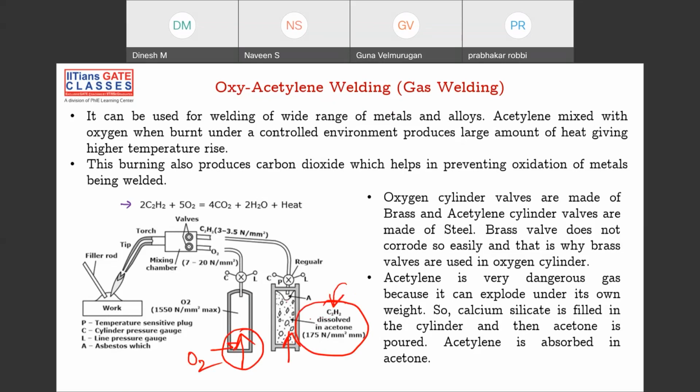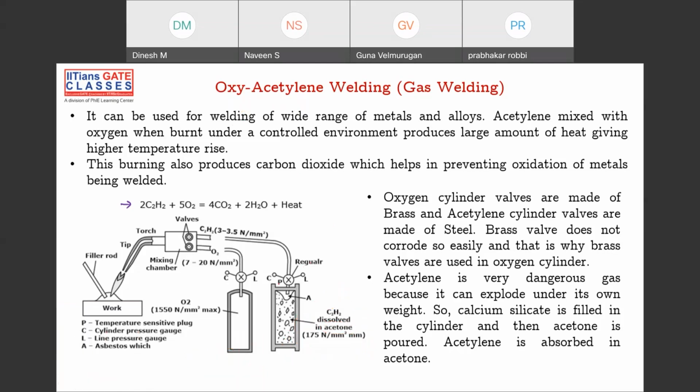You can't directly save acetylene in a cylinder. First you are putting acetone, and in that acetone acetylene is mixed. That's the reason why it's called oxy-acetylene, because you are using oxygen and you are using acetylene. Oxygen is O2, acetylene is C2H2.